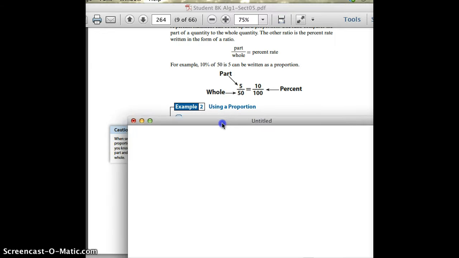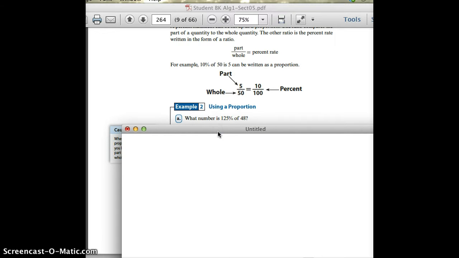But in terms of proportion, they're saying what number is 125% of 48. Because it's out of 100 when we see percent, so it's 125 out of 100 is equal to what number out of 48? Of 48. Okay, there's your proportion. And we know how to solve proportions.